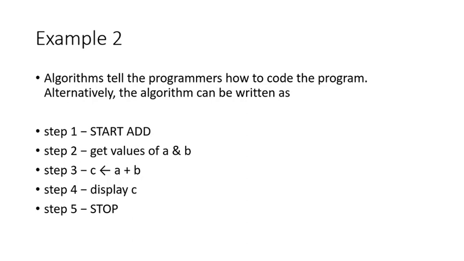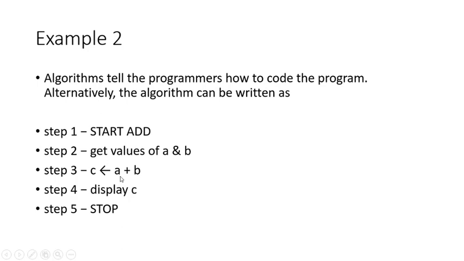Alternatively, the algorithm can be written as Step 1, start addition. Step 2, get values of a and b. Step 3, c = a + b. We can use c = here also, no problem. And you can write this arrow, both do the same thing.